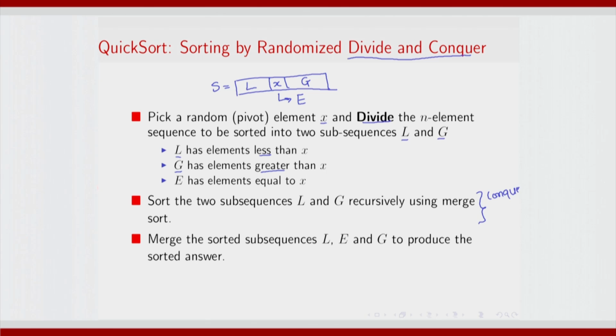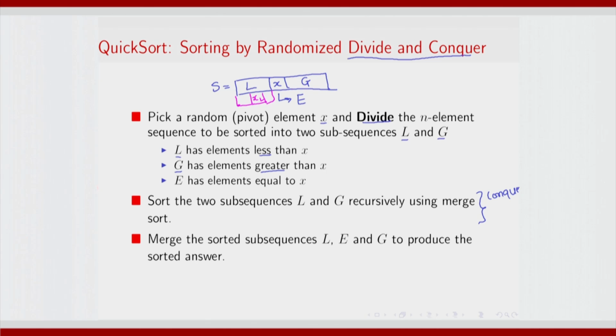So in conquer, you apply the same procedure of identifying a pivot element and identifying the subset of L that is less than x and the subset of elements that are greater than x, and then applying conquer on each of those partitions again.